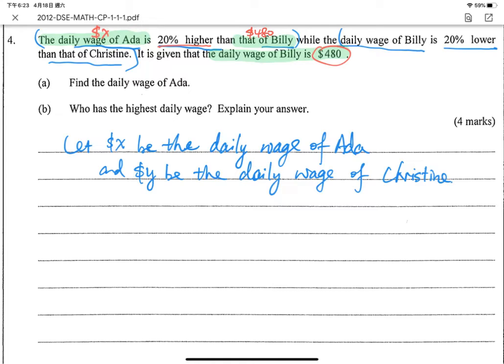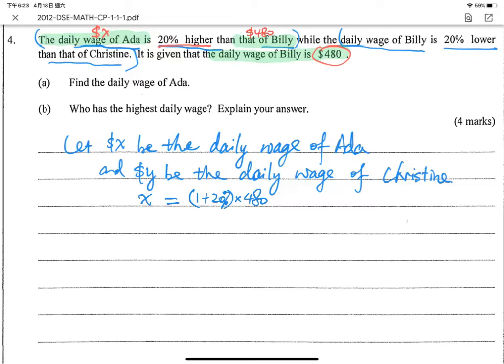So we have our relationship: X dollars is 20% higher, so 1 plus 20%, times $480.